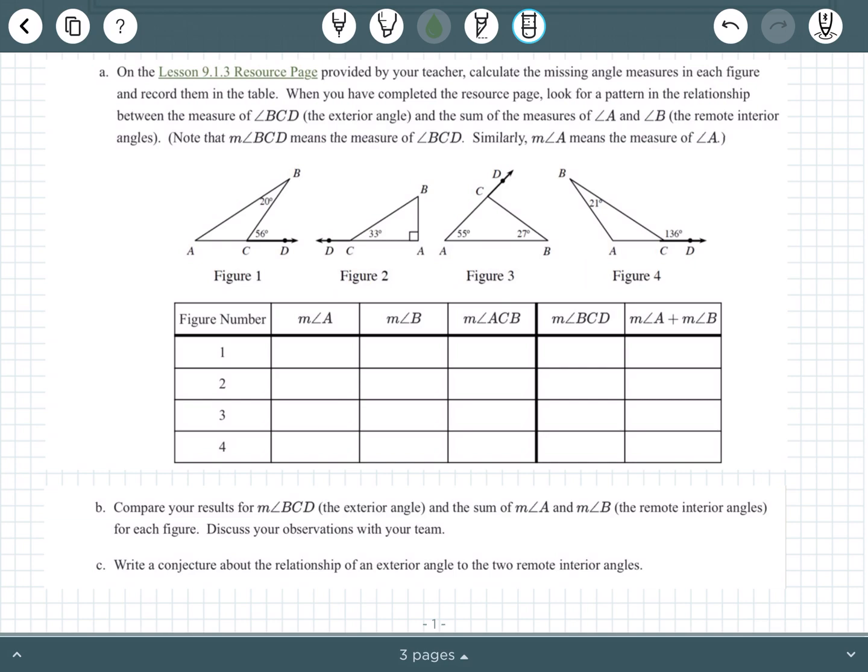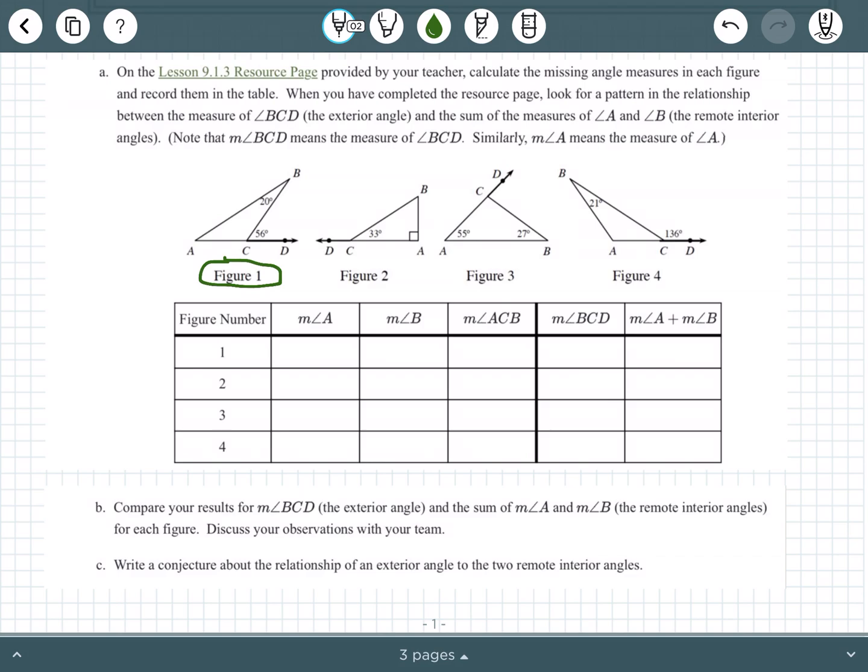All right, so our first step is to fill out this table. You'll notice we have a row for each of our figures. So I'm going to go ahead and start with figure 1.